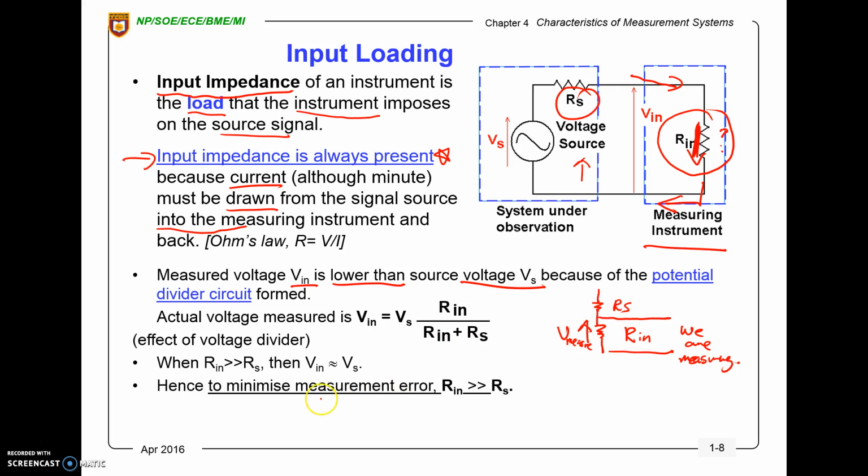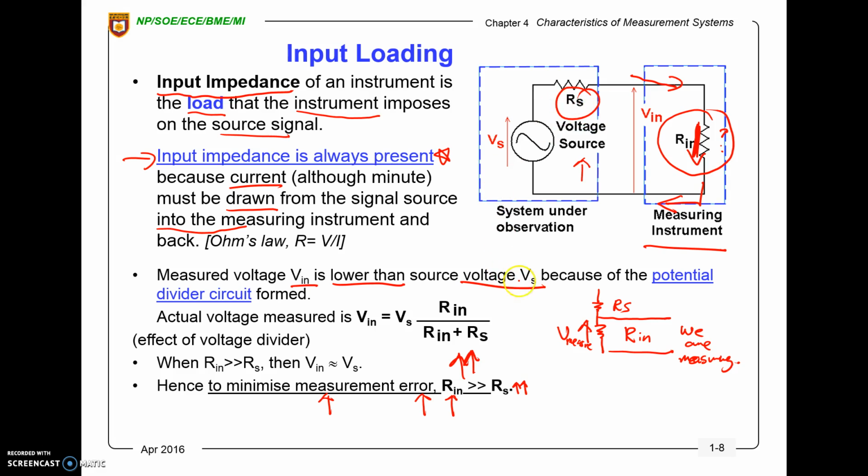So to minimize this measurement error, the input impedance has to be very high compared to your source resistance, which is given here, which means the resistance of your source.